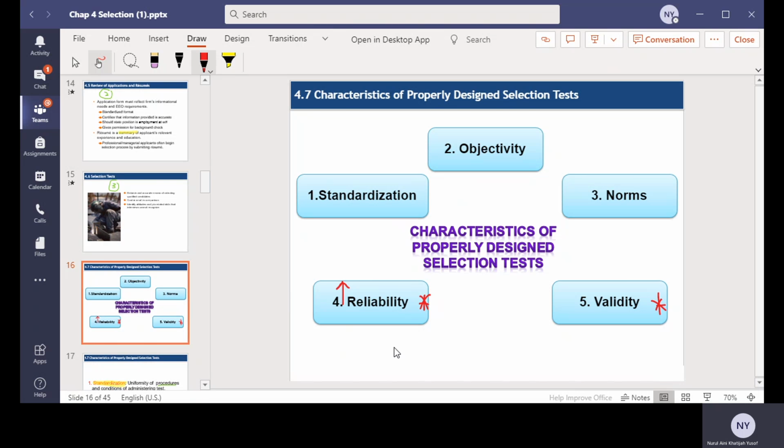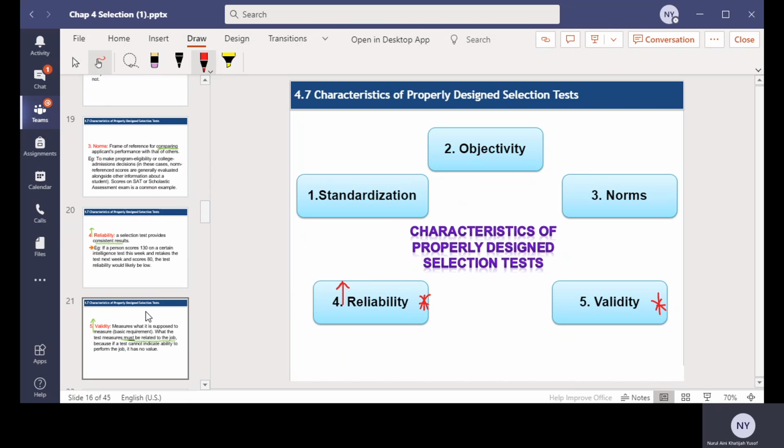The quiz questions are similar. So if you're able to score the same score, high reliability. If let's say a different score, then it shows low reliability. Validity, the question must be related to the job. So let's say you are hiring an IT manager. So the question must be related to IT. Okay, so these are the two important characteristics.